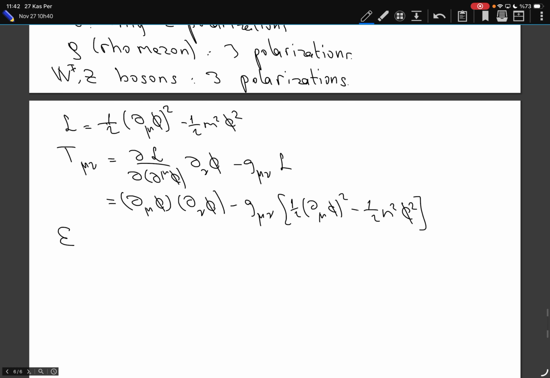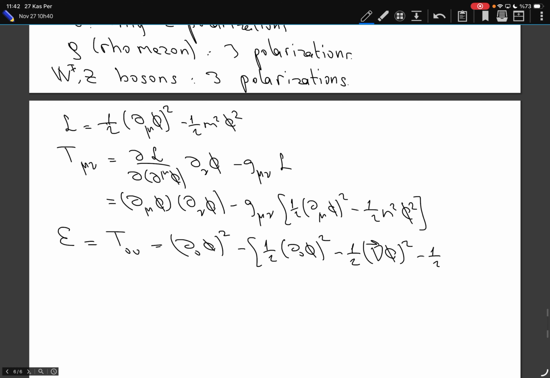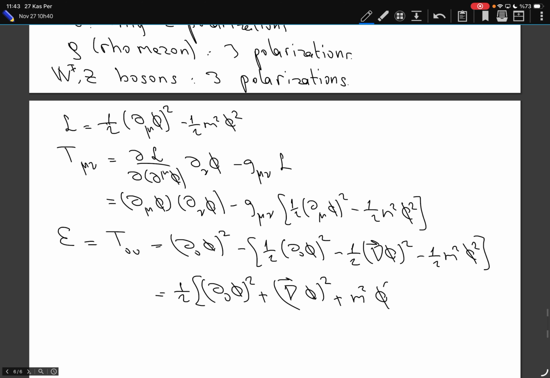Now the energy density is nothing but the T00 component, which will give me del 0 phi squared minus 1 over 2 del 0 phi squared minus 1 over 2 gradient of phi squared minus 1 over 2 m squared phi squared, which will be 1 over 2 del 0 phi squared plus gradient of phi squared plus m squared phi squared.